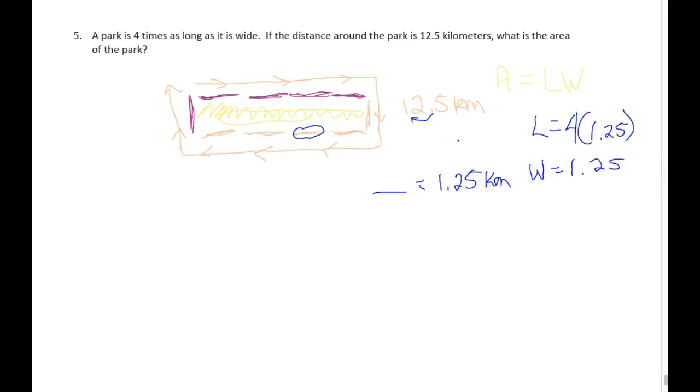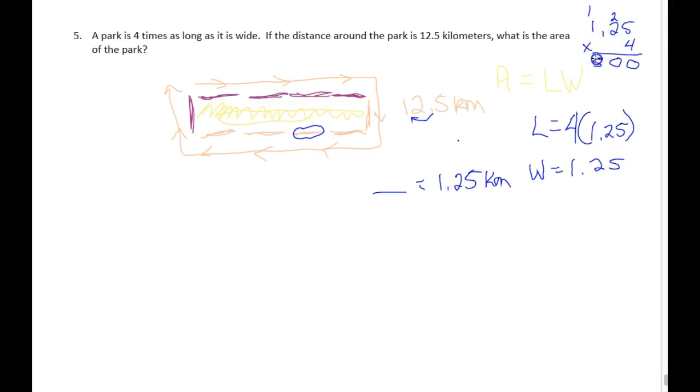Let's figure out what our length is. So I'm going to do it right up here. I'm going to say 1 25/100ths times 4. I know 4 times 5 gets me 20. Here's my 0. Carry my 2. 2 times 4 is 8, plus 2 is 10. Carry my 1. 4 times 1 is 4, plus 1 is 5.